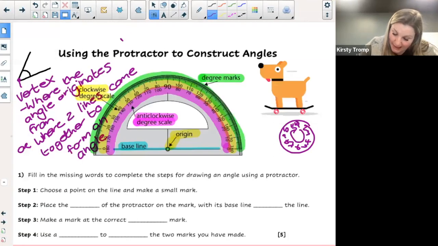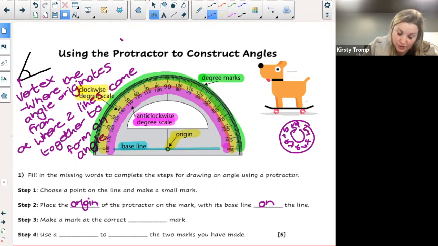Step 2, place the origin of the protractor on the mark with its baseline on the line. Okay, with its baseline on the line.